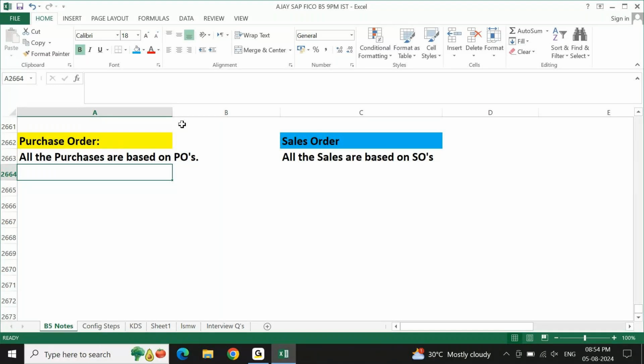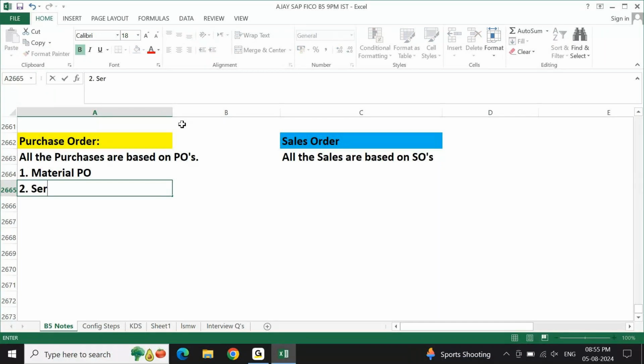Overall, it is a purchase order, but within the purchase order there are certain categories, certain types. First one is material PO. In short, when you are purchasing any material, any stock, any inventory, it is a material PO. Second one can be service PO.